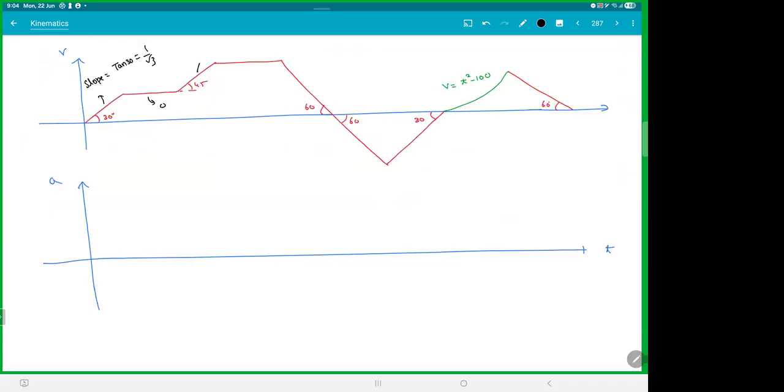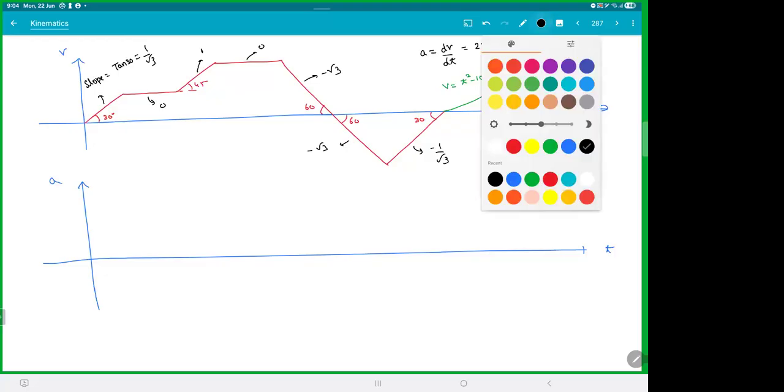Slope here, 0. Slope here, 1. Slope, 0. Slope minus root 3. Minus root 3. Minus 1 by root 3. Here we know acceleration is equal to dv by dt. That would be 2t. So the slope itself is increasing with time, and again slope is minus root 3.